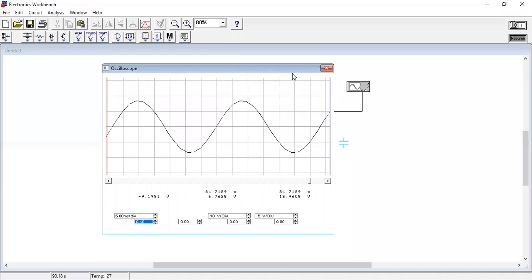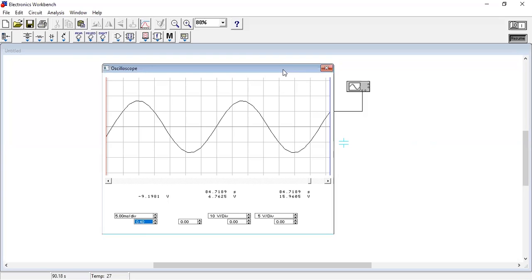So for the input waveform we already found the input voltage 34 volts and time difference 33 milliseconds.